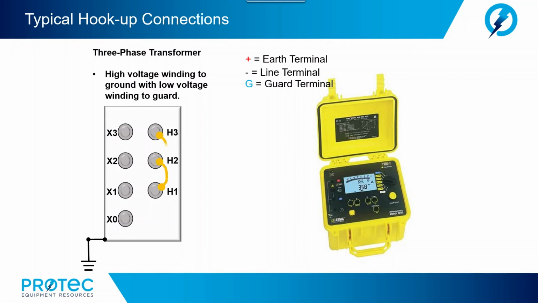So, once again for safety, we short out the windings. Here we are going to leave the XO isolated from the chassis ground.